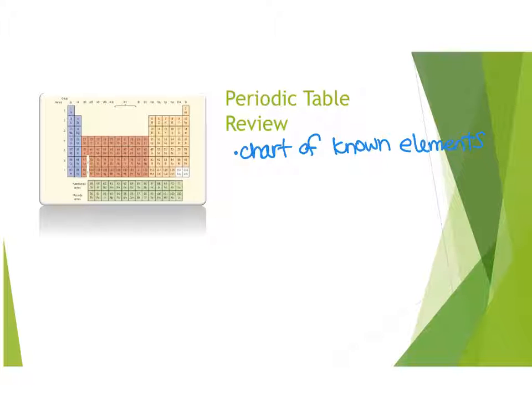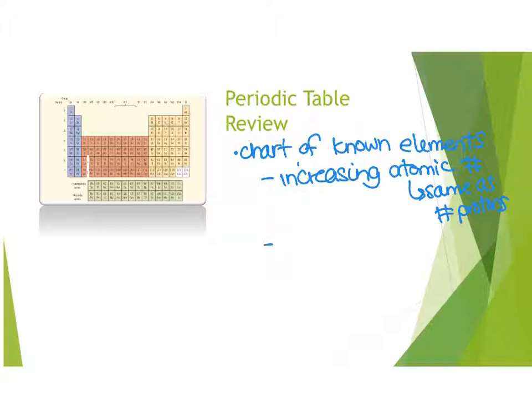How are they arranged systematically? Well, it's the increasing atomic number. The atomic number is the same as the number of protons. It's also going to be arranged in increasing energy levels.